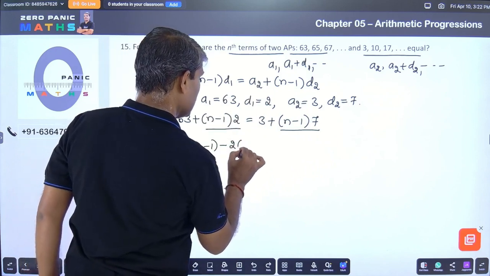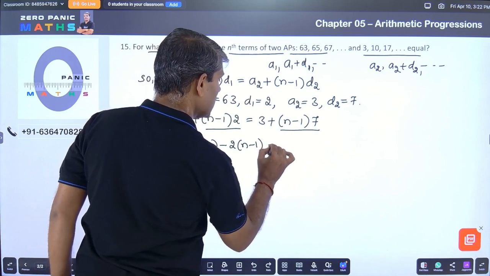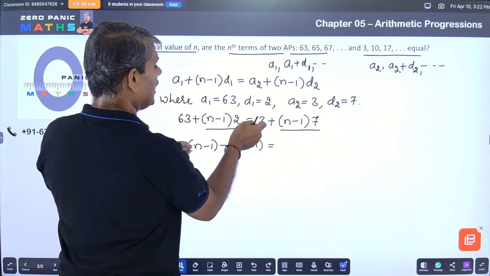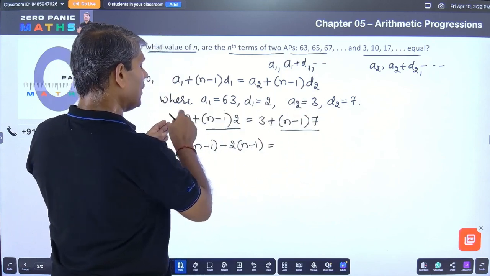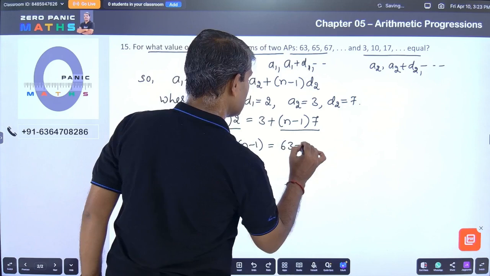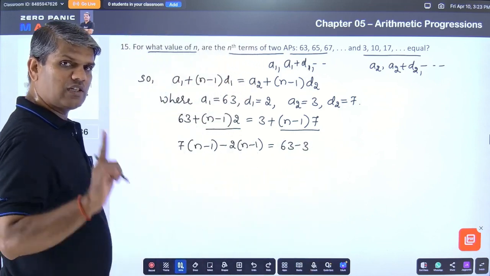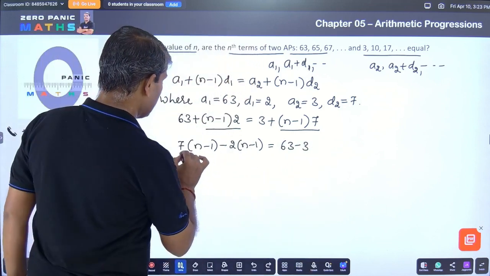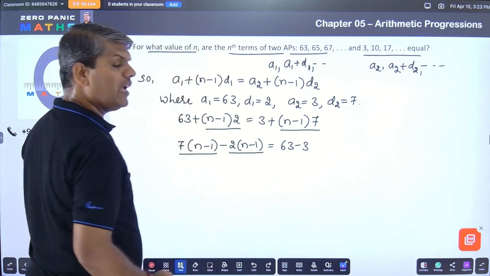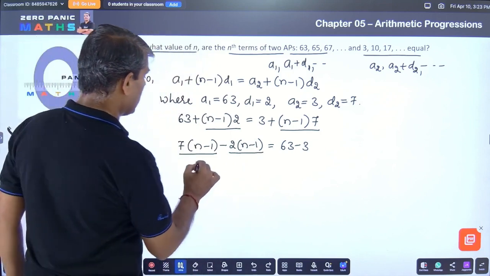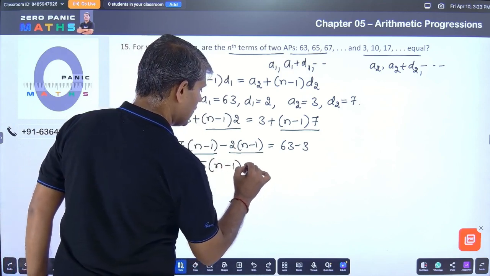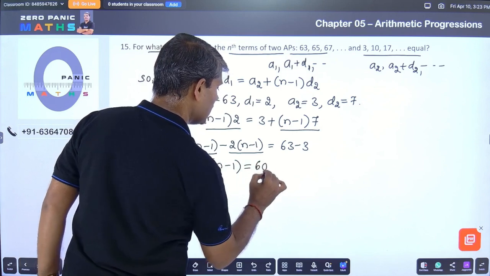I have taken this term to the right side and taking 3 to the left side, but writing on the right side: 63 minus 3. So if 7 times n minus 1 is subtracted by 2 times n minus 1, what I am left with is 5 times n minus 1, which is equal to 60.